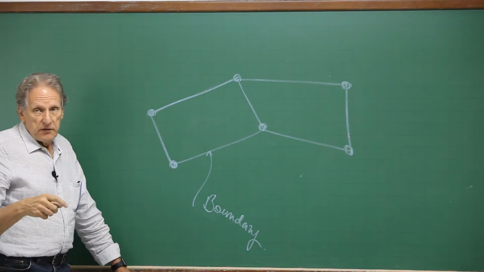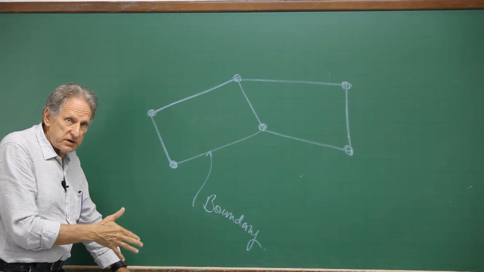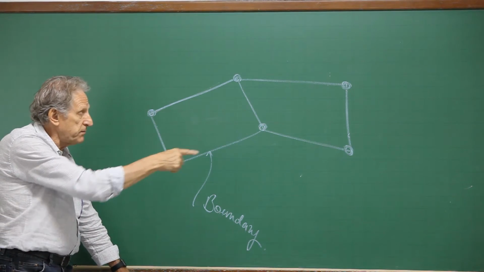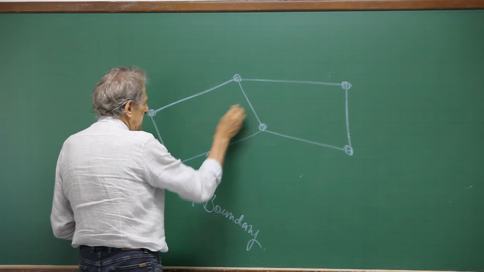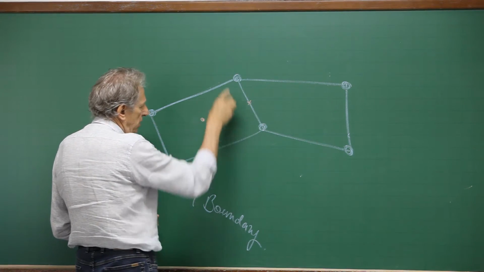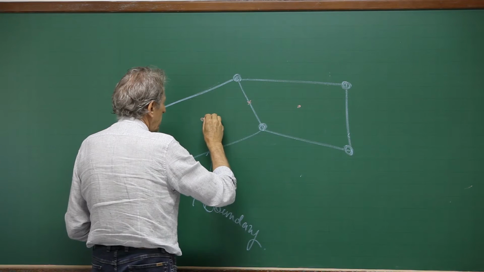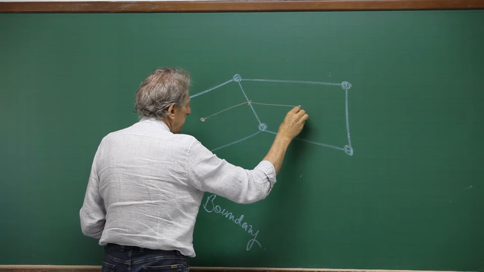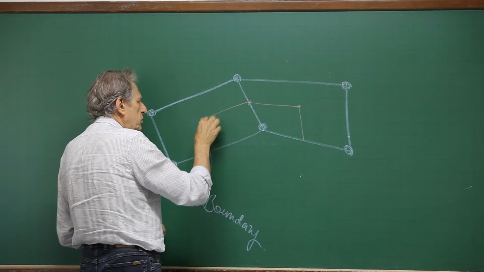I know if the function is specified, if the flux of the function is specified. So this is my boundary. And according to our construction, we take the middle of the edge, the center. So I connect here, I connect there, in the middle. Here's my control volume.